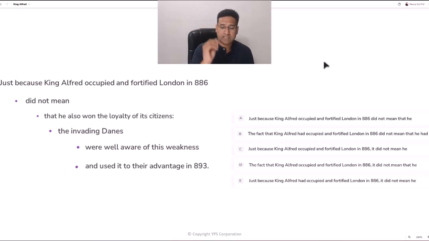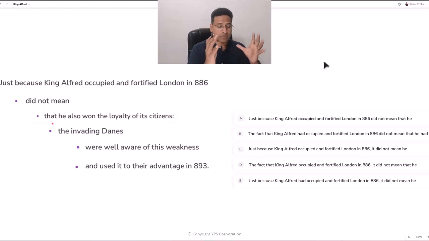Okay, now the easier one to identify here is this DC, which behaves as the object of mean. Did not mean something. Did not mean what? Did not mean that he also won the loyalty of its citizens.